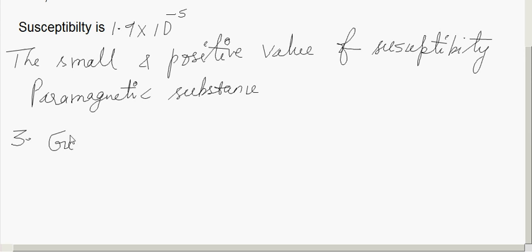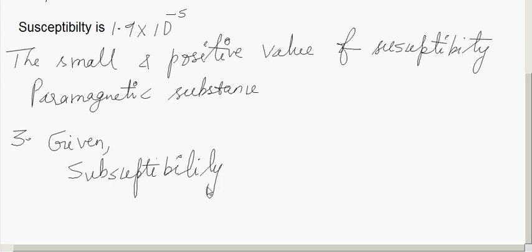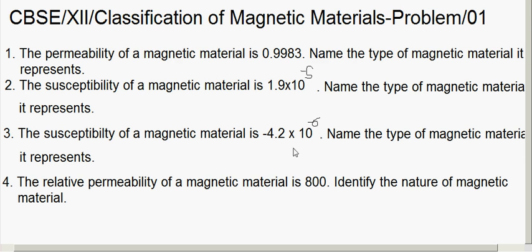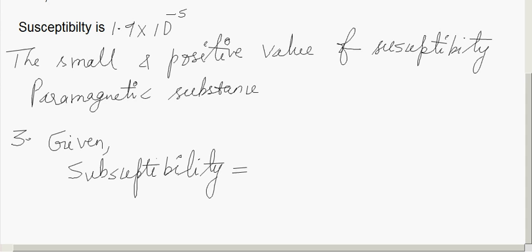Given susceptibility is minus 4.2 into 10 to the power minus 6.